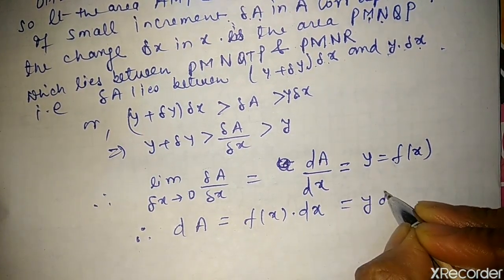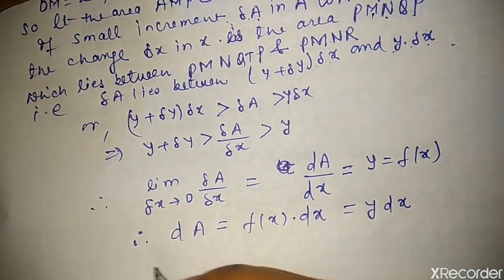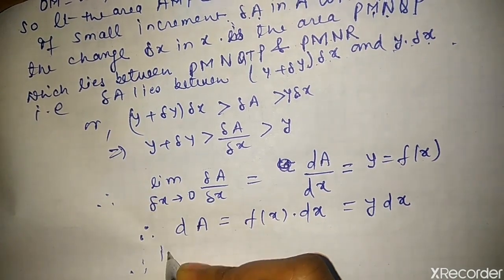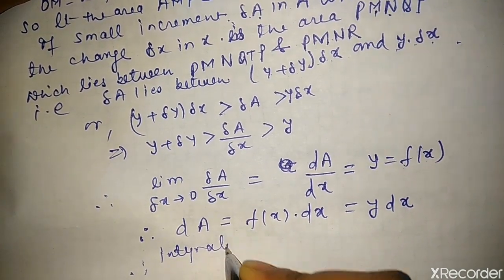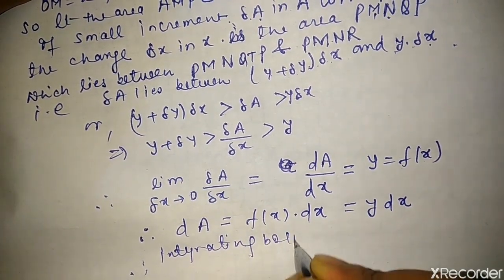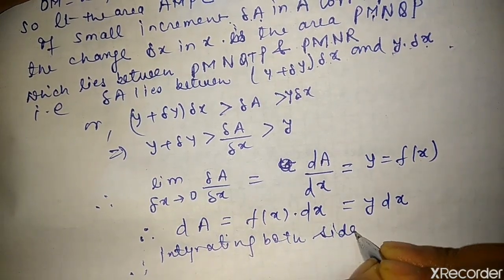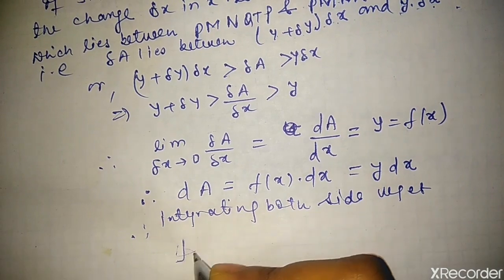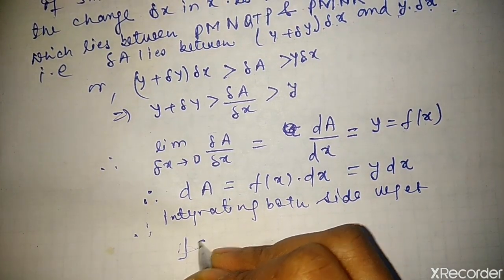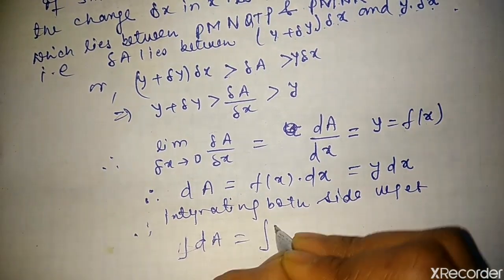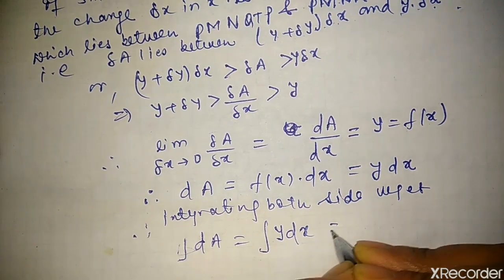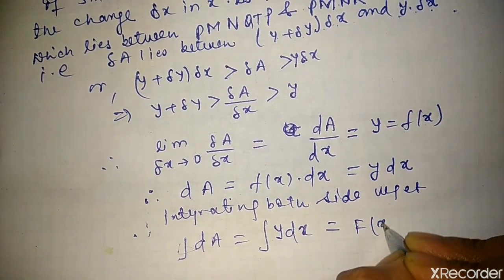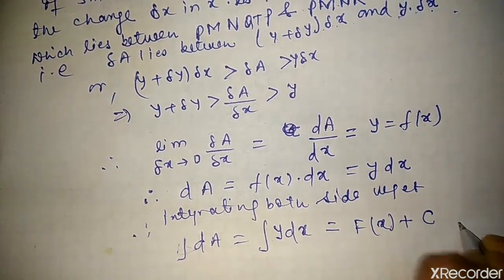This is y into dx. Therefore, integrating both sides, we get dA. So here dA equals y dx, and after integration we get a function F(x) plus c.